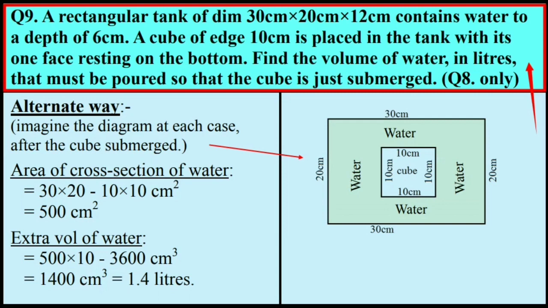In that case also, the area of cross section of the water is same as shown in the diagram. Finally, we observe that the area of cross section of water in the container throughout the solution is uniform.